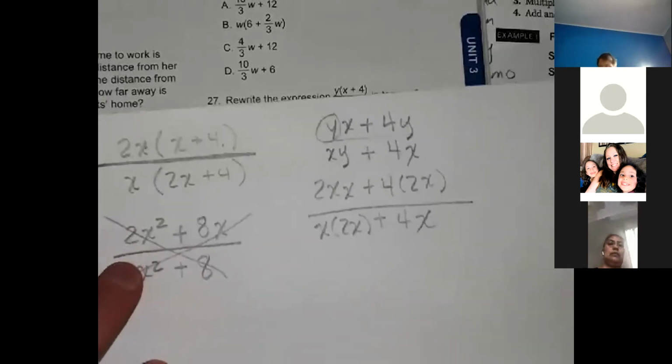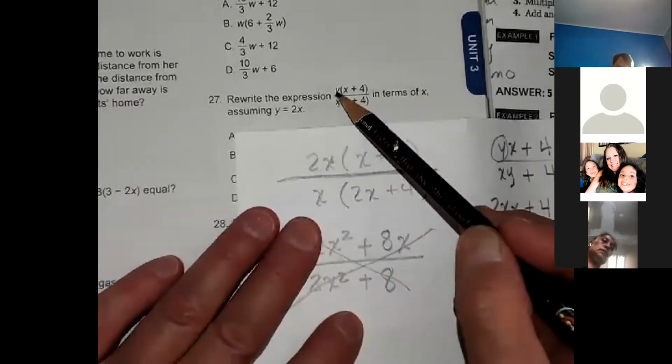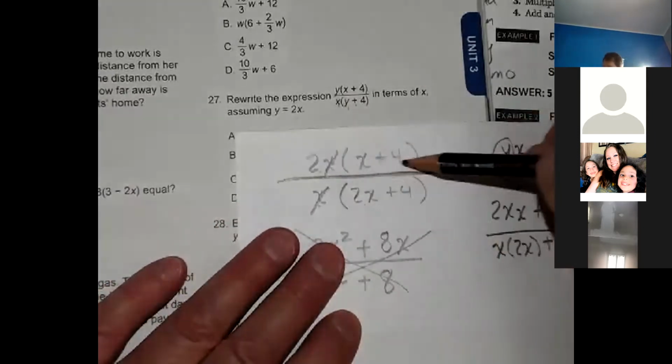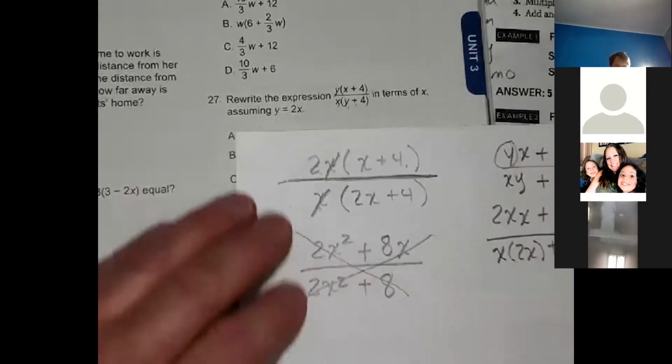Don't you love it when the teacher is stumped? If I go back to here where I substituted 2x in every place where there was a y, I can cancel these x's out here because this is all multiplication. I have an x in the top and the bottom. Then it gets really simple after that.